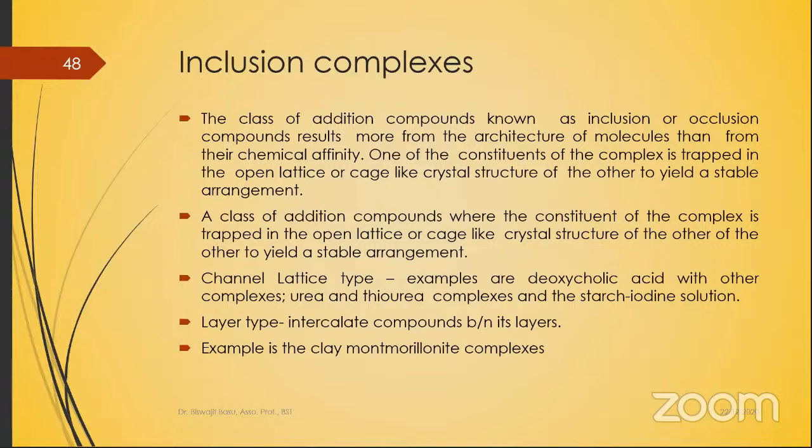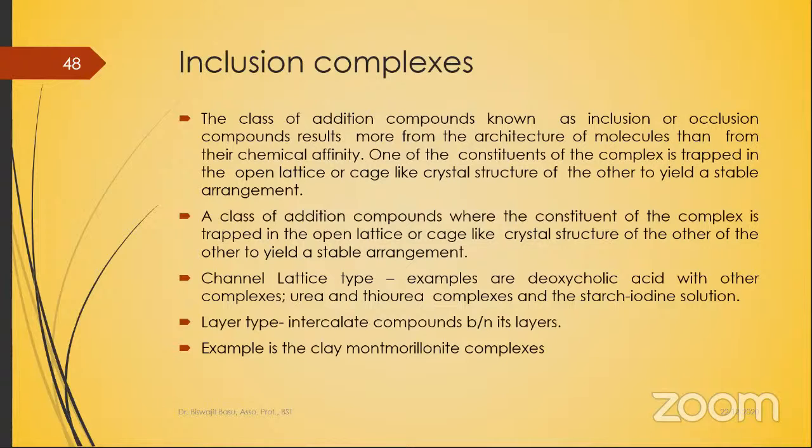Metal complex, the first one, is classified into four groups. What are they? The first classification we studied: metal complex is classified into inorganic type, chelate, olefin type, or aromatic type. Very good. So inorganic type, chelate, olefin, and aromatic type, four. Then the second one is organic molecular complex, which is also classified into four subgroups.